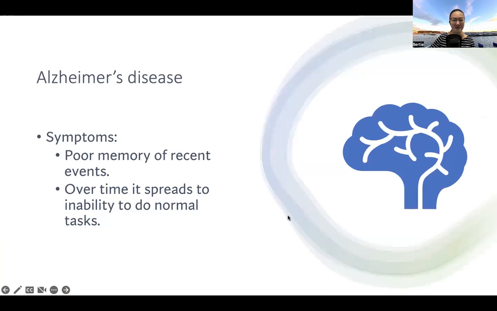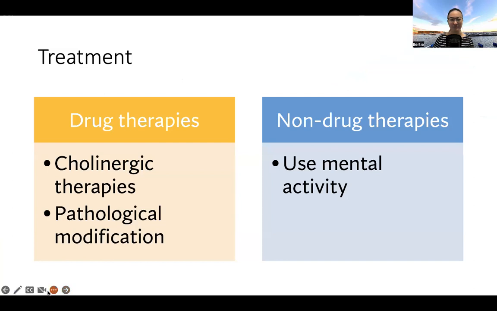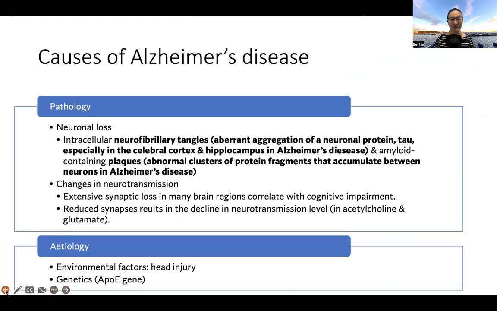Alzheimer's disease. Alzheimer's disease symptoms: poor memory of recent events. Over time, it spreads to inability to do normal tasks. What are the causes of Alzheimer's disease?